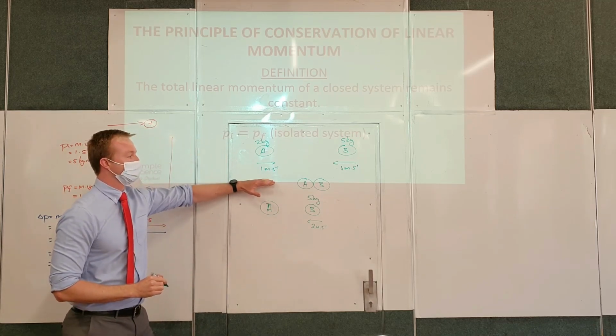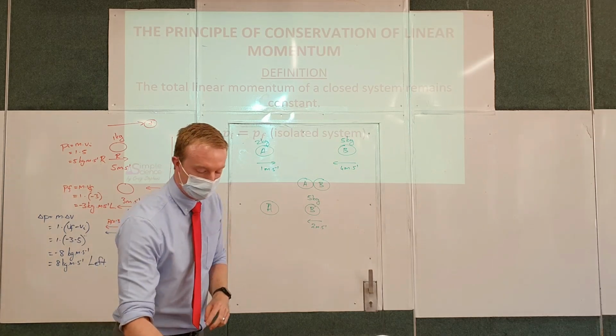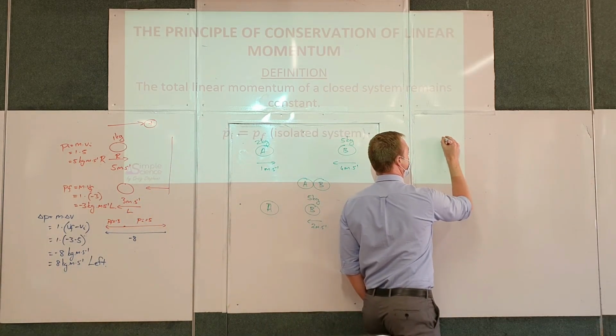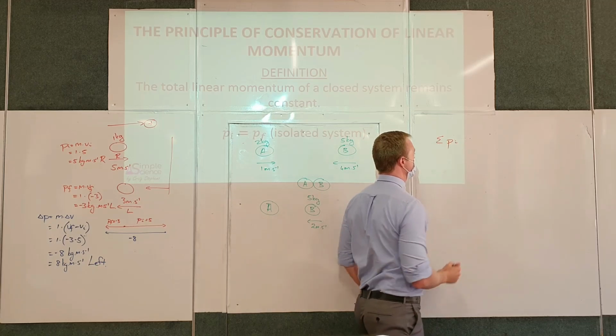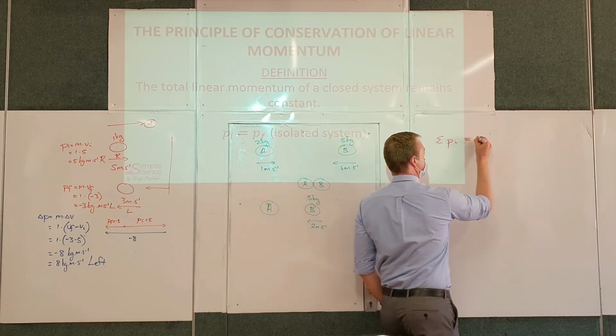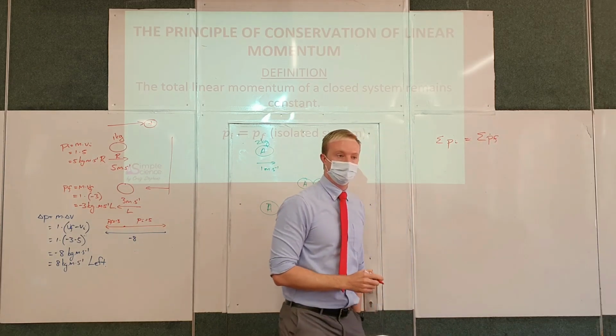Right? So, this is all based on the idea that it's an isolated system, therefore momentum is conserved. And so we start with our formula, which says, in an isolated system, the sum of the initial momentums must be equal to the sum of the final momentums.